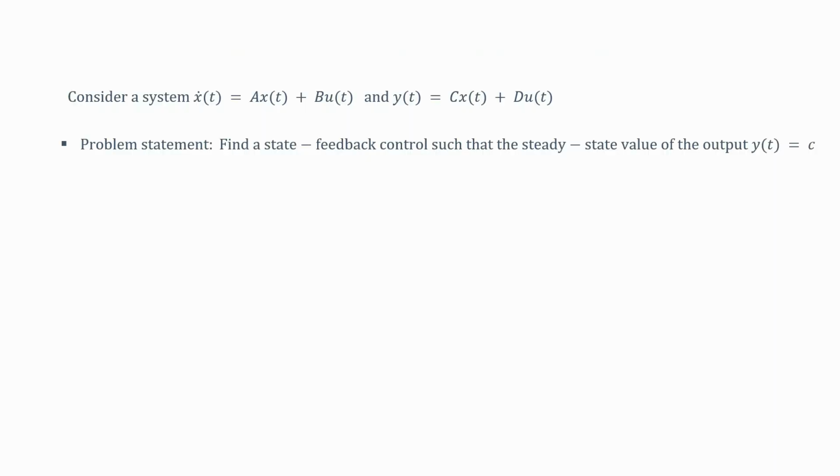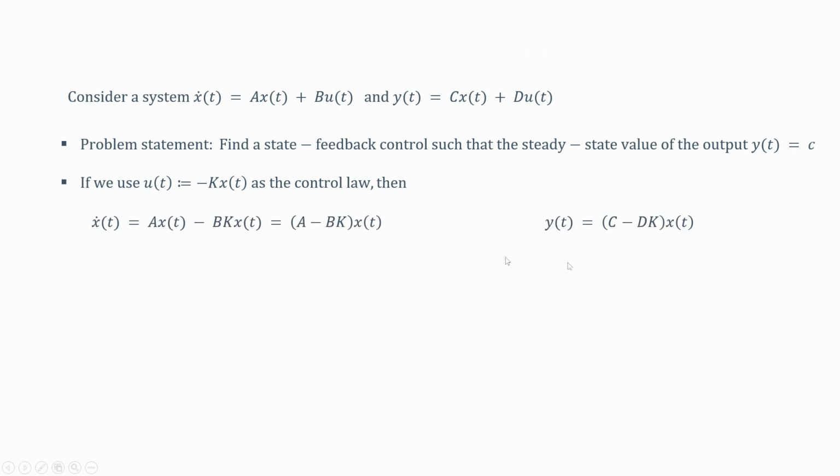So the problem statement is: find a state feedback control such that the steady state value of the output y(t) is equal to c, c being a constant here. Now how do we ensure that y(t) will go to c? That is what we will look into now. If we use the control law u equal to minus Kx, then you can see that x dot will come out to be this expression and y(t) will be this, which means my output expression is this.